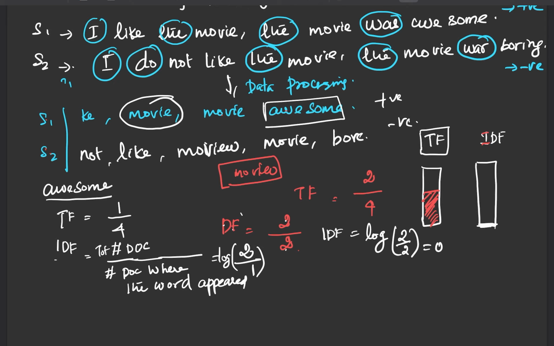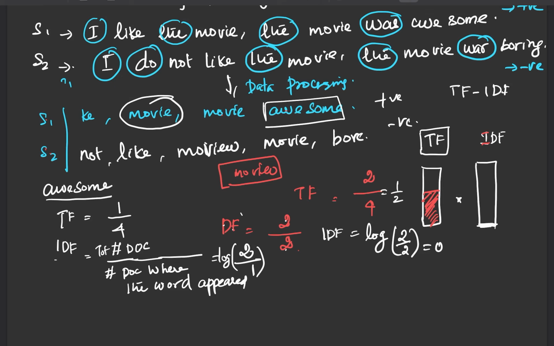Then what we are trying to do is come up with a single number that represents the relevance, the importance of the word in the document. This is TF-IDF. What we are doing here is multiplying these two factors. Here we got 2 by 4, just 1 by 2.